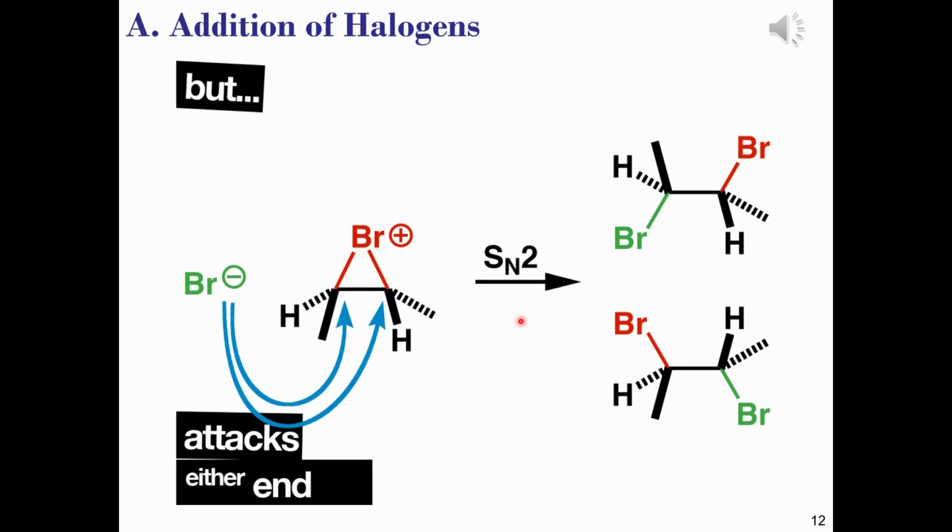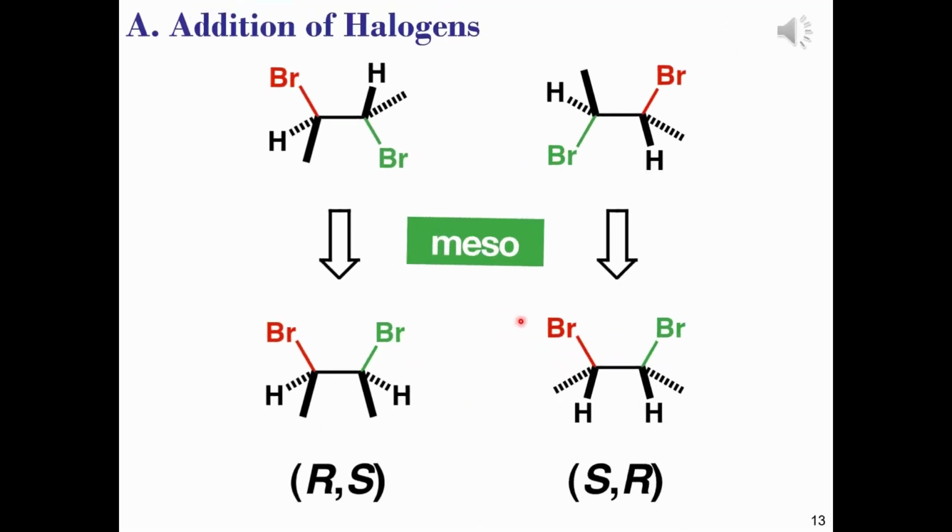So let's take a look on the next slide. When the bonds are rotated for each of these addition products, we place them into an eclipsed conformation, and then you'll notice that there is an internal mirror plane. And this is the characteristic hallmark of a meso compound. So in other words, these two addition products are one and the same.